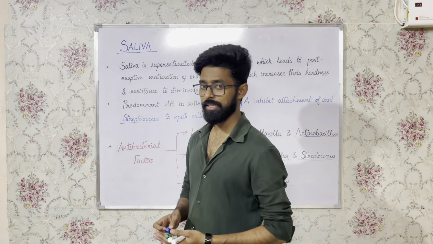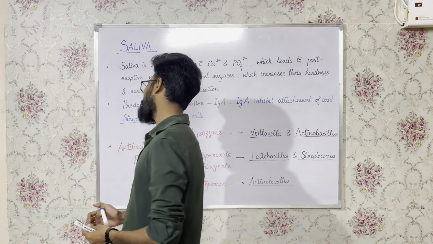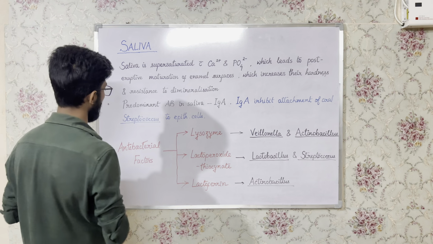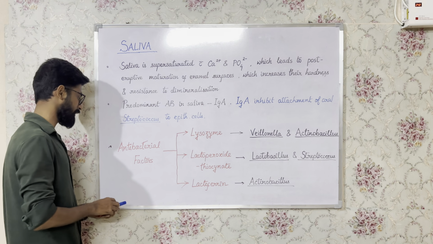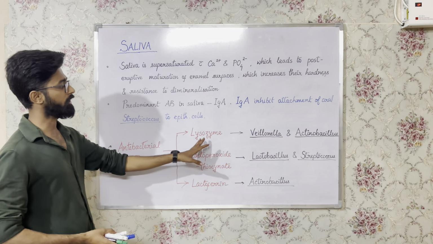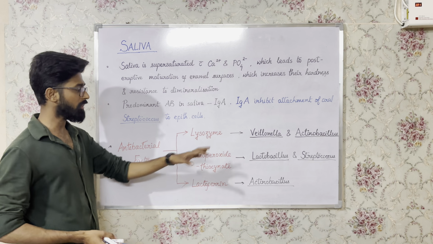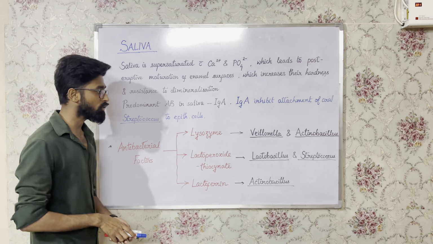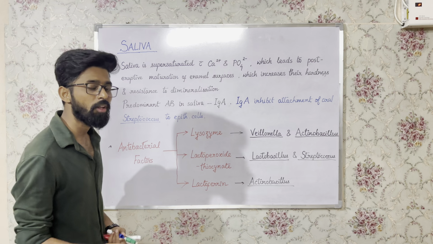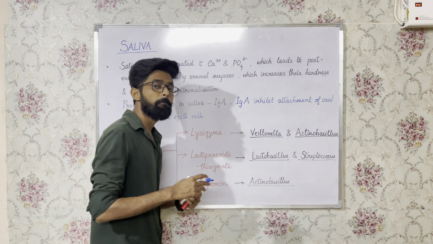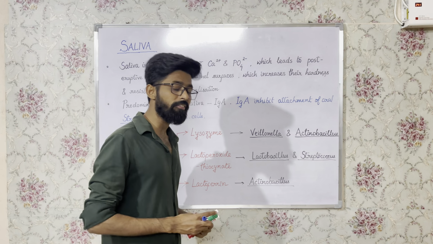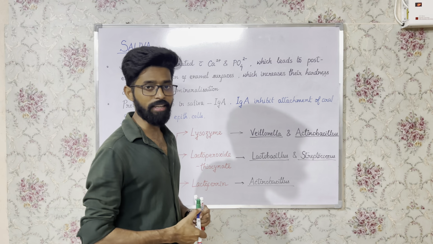Now the next point is a bit important. The antibacterial factors present in saliva: first is the lysozyme, right? Lysozyme is a hydrolytic enzyme which is effective both against gram-positive and gram-negative bacteria.